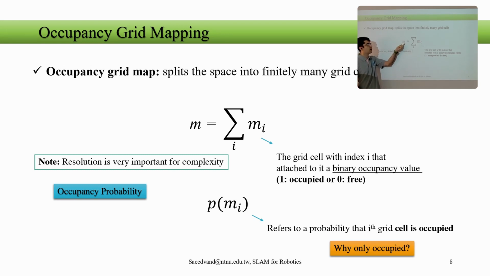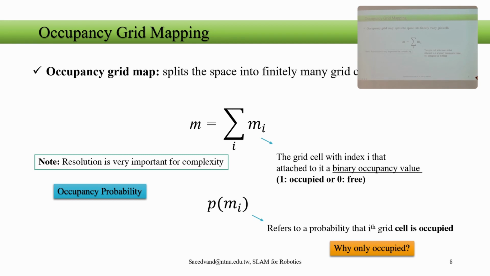We can say our map M is equal to lots of grid cells, so that we can split our map into the i number of grid cells and indicate them with the index i, that we are going to show the binary occupancy value inside each one of these. That finally, if we consider 0 and 1s inside, if the whole map is occupied, the sum of them represents our map.